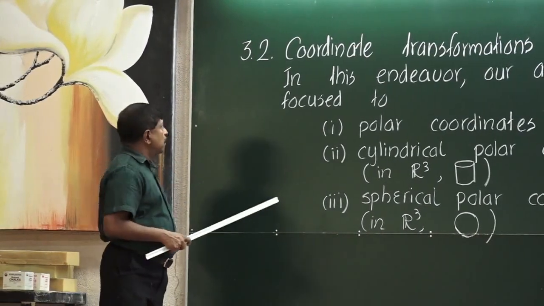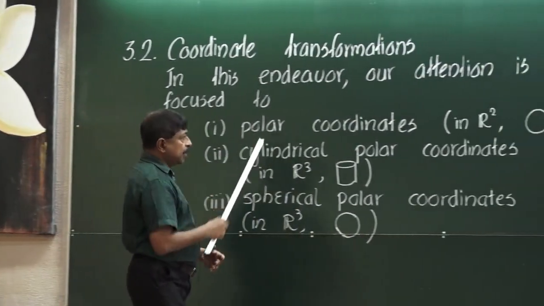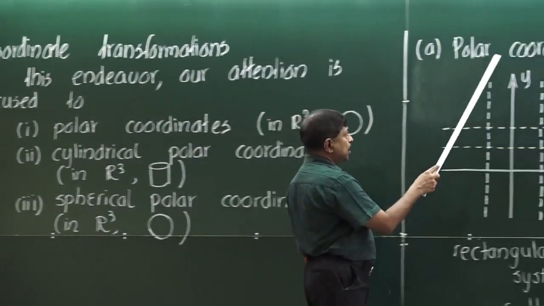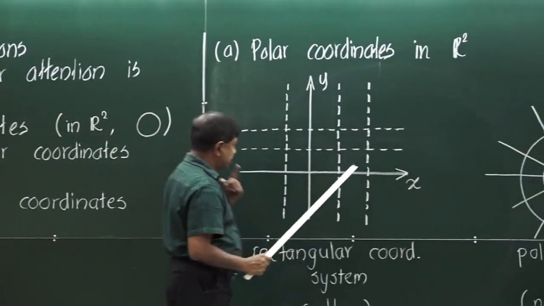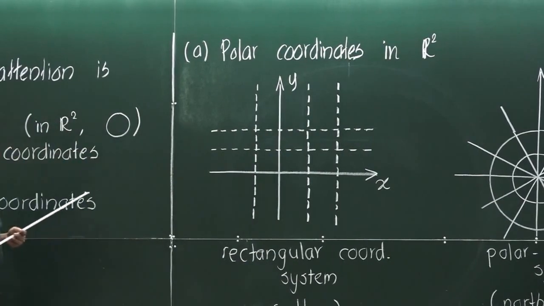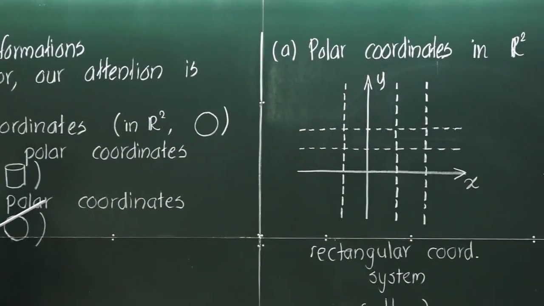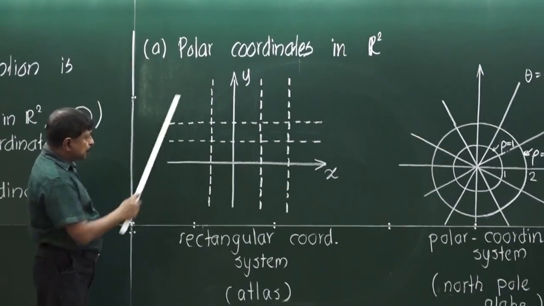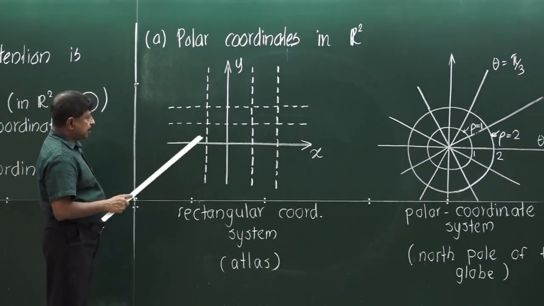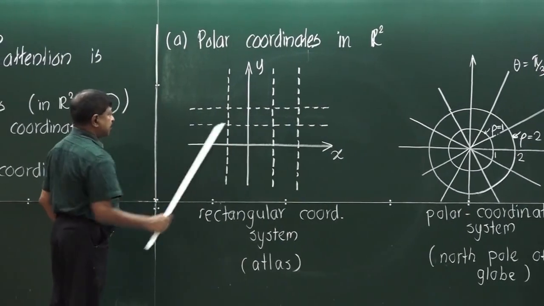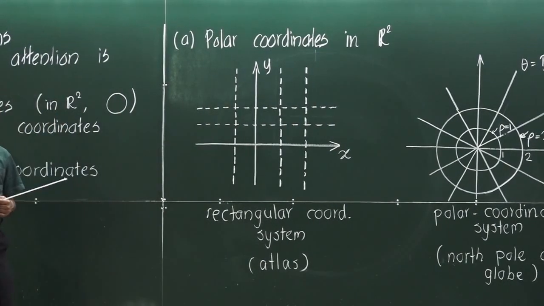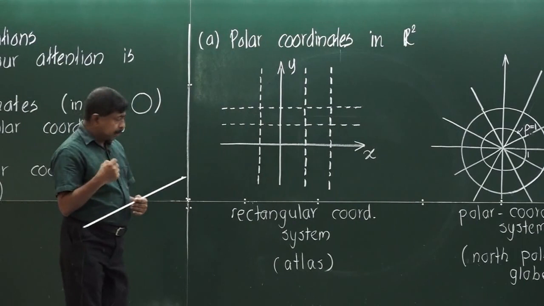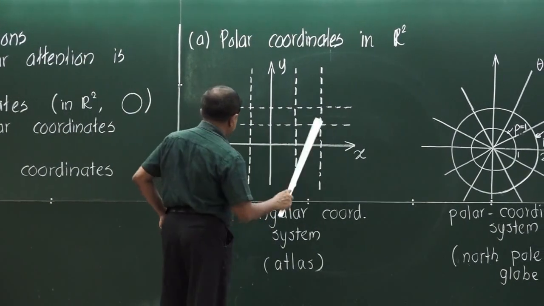Okay. Now, we will move to the first one, part A, polar coordinates in R2. We are familiar with the rectangular coordinate system. It looks like an atlas, where these lines can be understood as longitudes and latitudes.